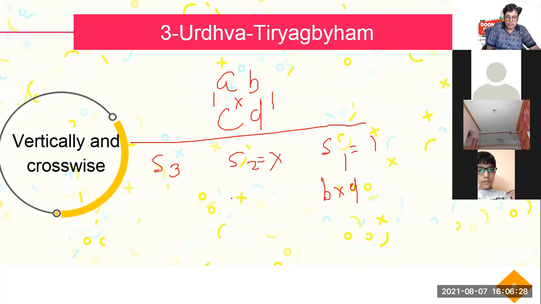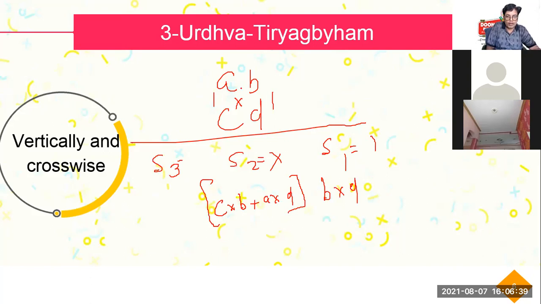Then cross is C into B plus A into D. Then third is vertical, A into C. Write it down. That will be in 3 steps. You have to calculate that.